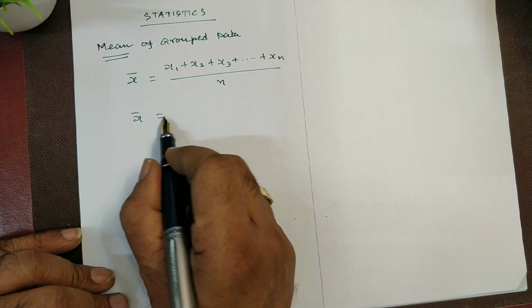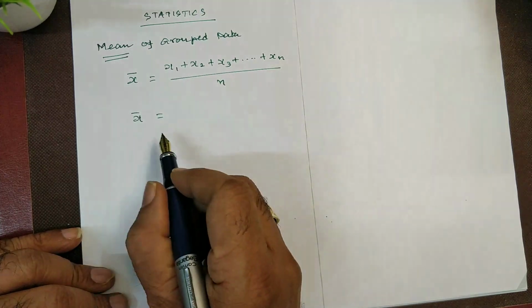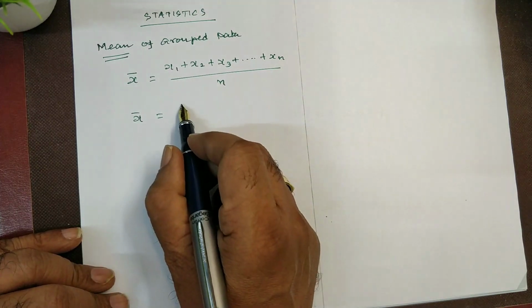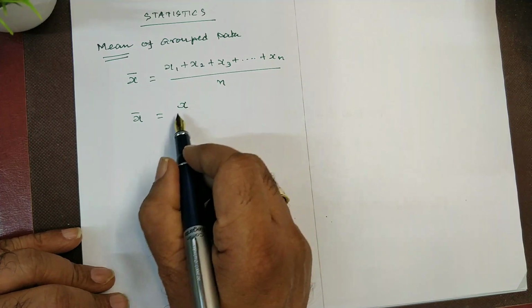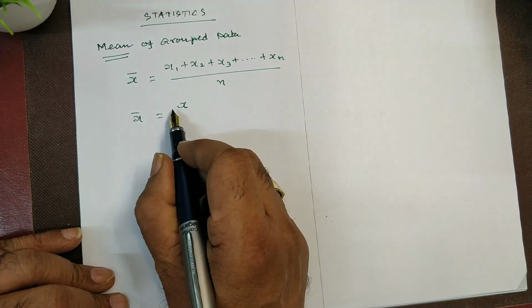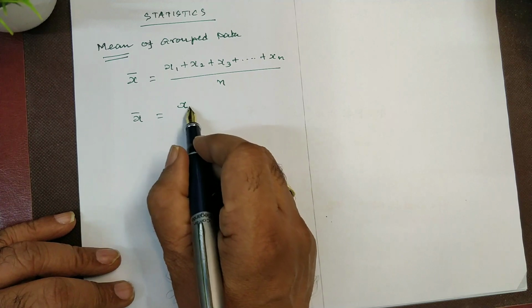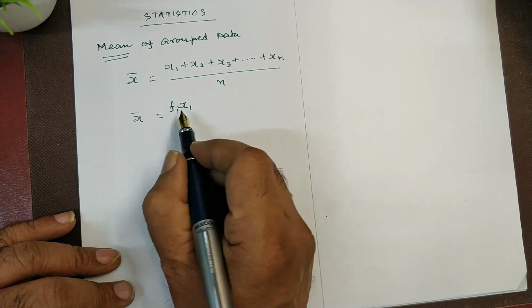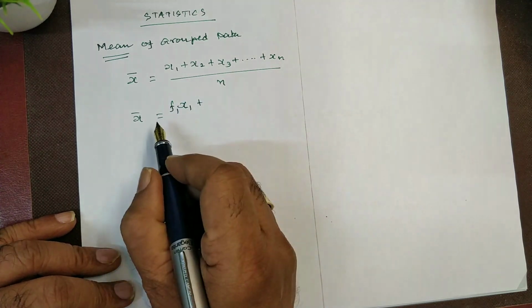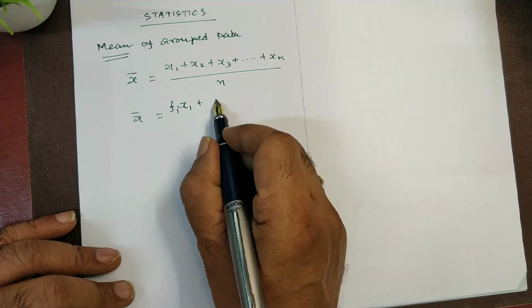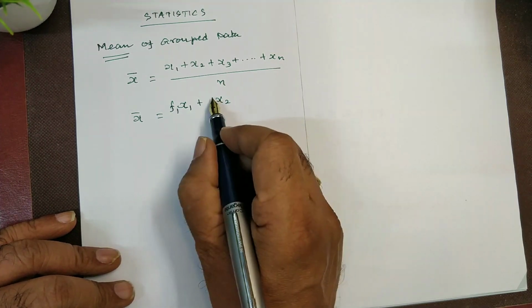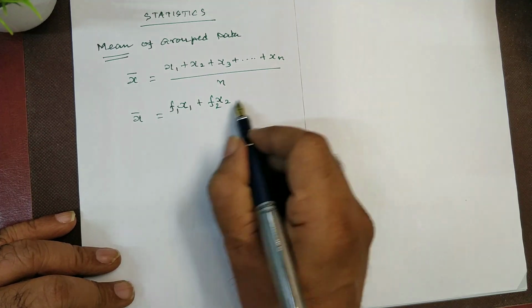x bar is equal to, assuming that x1 appears a certain number of times, let me say f1 x1. That is called frequency. x2 appears f2 times. That is frequency.